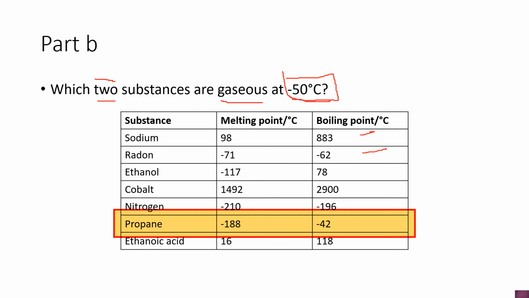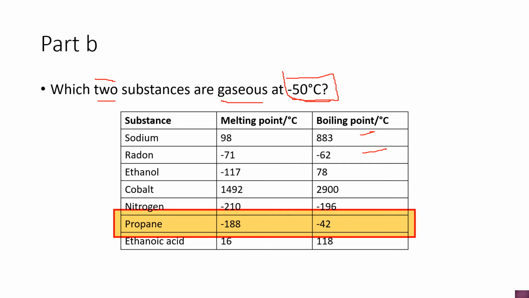But there is no other answer after that. So we have to make an assumption to determine the second substance. That is, at minus 50, the substance is partially a gas.